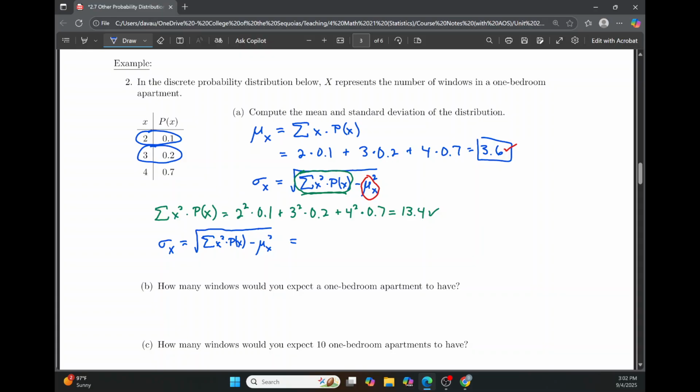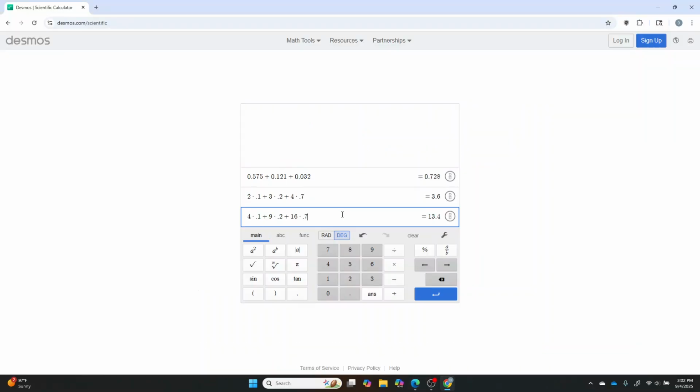So that's going to be 13.4 minus 3.6 squared. And once again, we can head over to Desmos and see how much that is. So square root of 13.4 minus 3.6 squared. Okay, comes out to about 0.663.